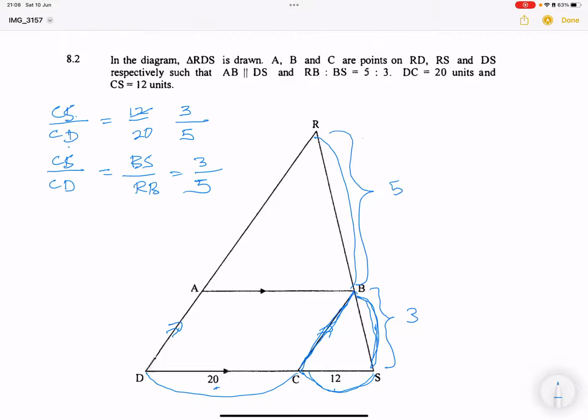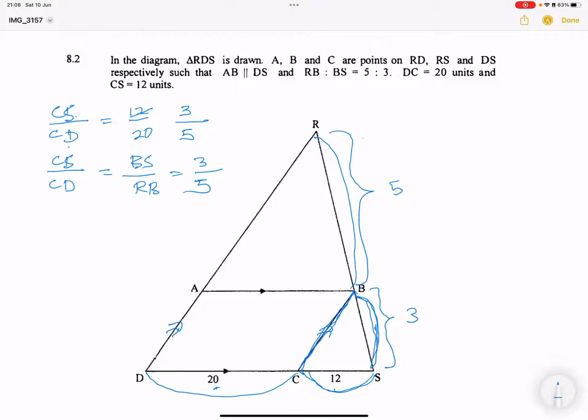So the converse of the proportionality theorem: if two sides of a triangle are divided proportionally, then the line joining those points is parallel to the third side.